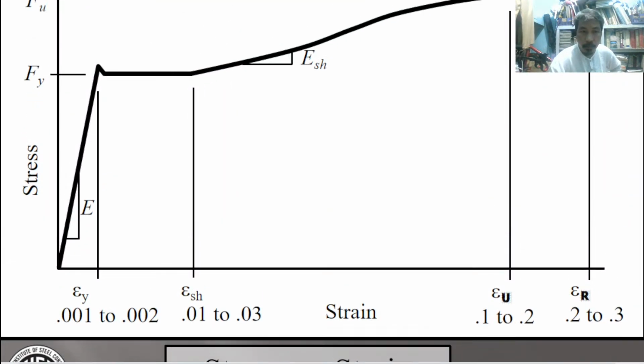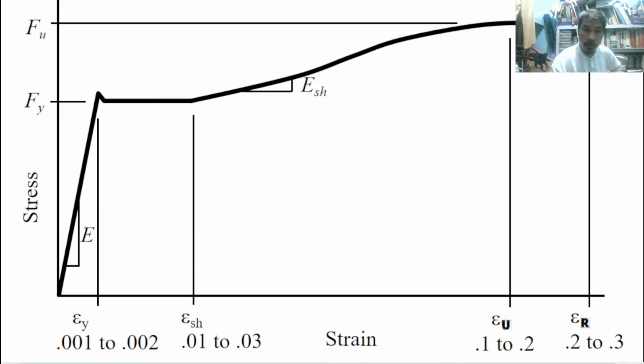Then we have the following diagram for strain and stress. Stress strain diagram. So still again, we already know this. Just to review, E is the modulus of elasticity. ESH is the strengthening, okay, modulus.